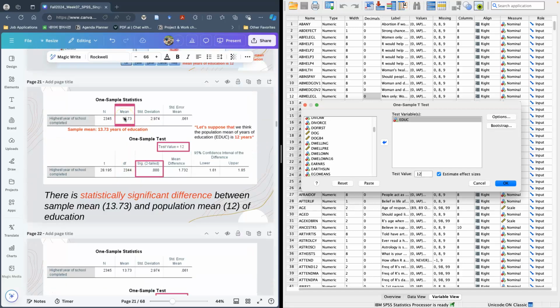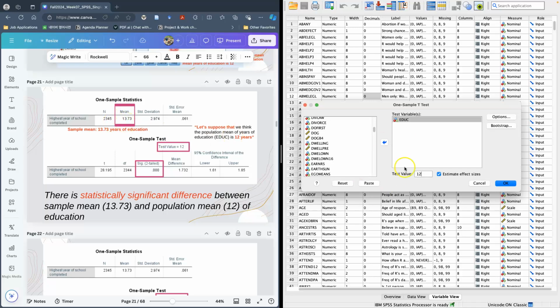After clicking OK, you will see these two tables. The sample statistics are the descriptive statistics you could find in the frequency table or the descriptive statistics table. There are 2,345 cases, and the mean here, the one-sample statistic, is the average of the sample data.